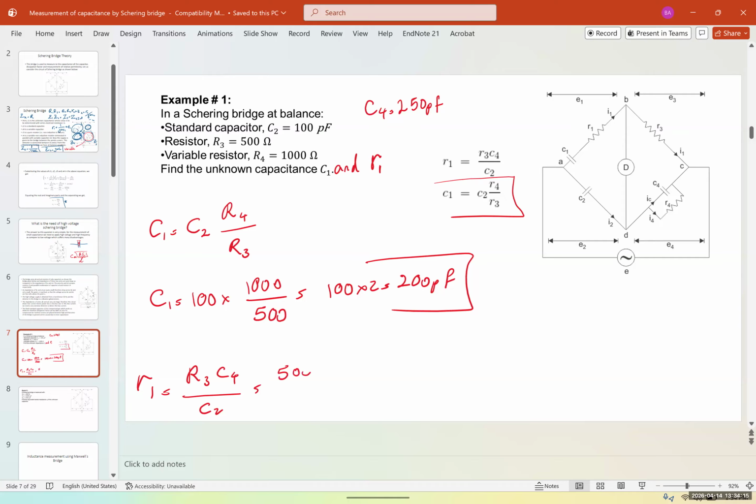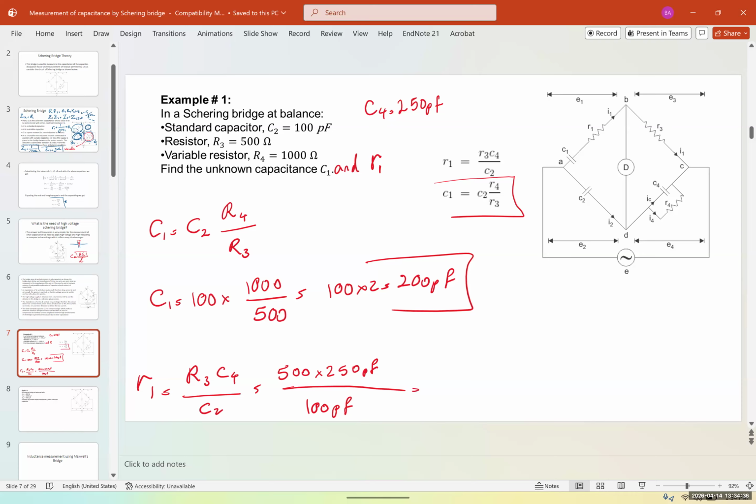R3 is 500, C4 is 250 picofarad, so times 10 to the power of negative 12. And what is C2? C2 is 100 picofarad.